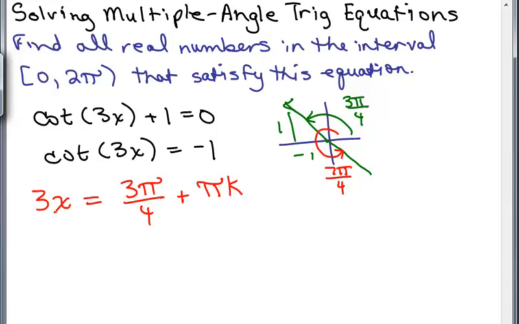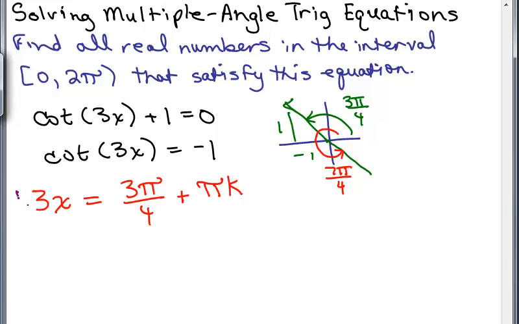So I need to divide everything by 3, or you could multiply everything by 1/3, which is a little bit easier because you won't have this complex fraction. You could just divide by 3, divide by 3, divide by 3, but we have this complex fraction here, which is okay. But I'm just going to show you an alternate way: dividing by 3 is, of course, multiplying by 1/3.